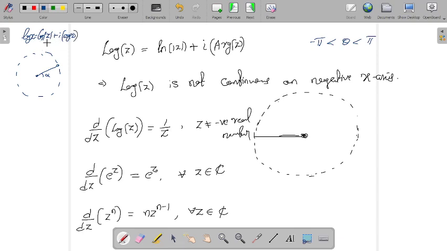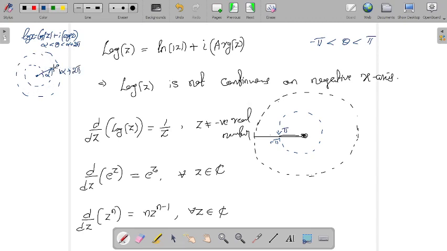The argument of z should lie between alpha and alpha plus 2 pi. It means they are considering this part. Here you started from the negative x-axis and measured to here. Like when you start from minus pi, you end up with pi. Similarly here, when you start with alpha, you end up with alpha plus 2 pi.